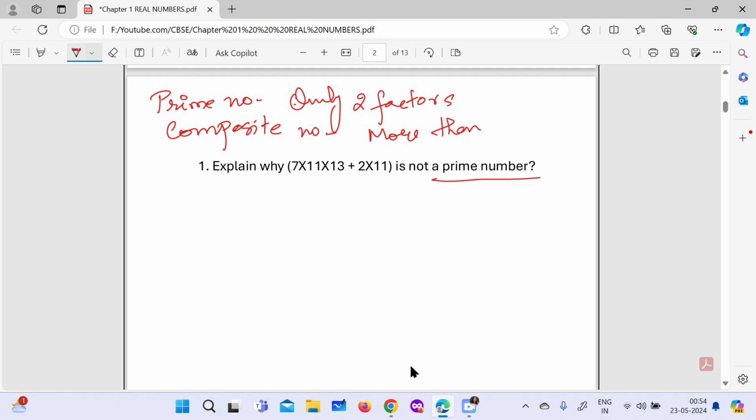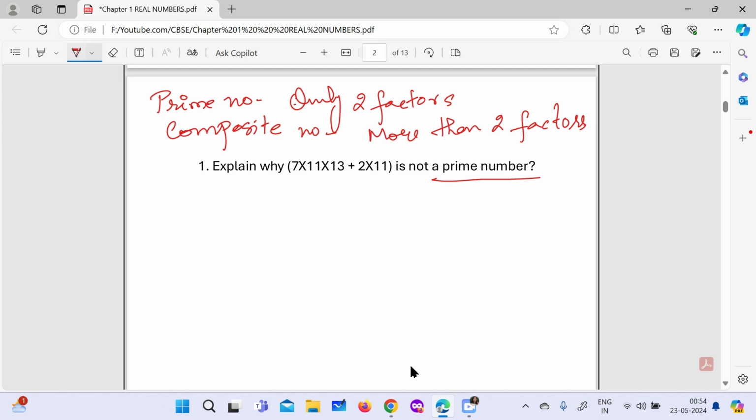Now, do you know why one is not a prime number? Because one has only one factor, that is, the number itself. A prime number should have exactly two factors, and one doesn't have two factors, so it doesn't satisfy the criteria of a prime number.